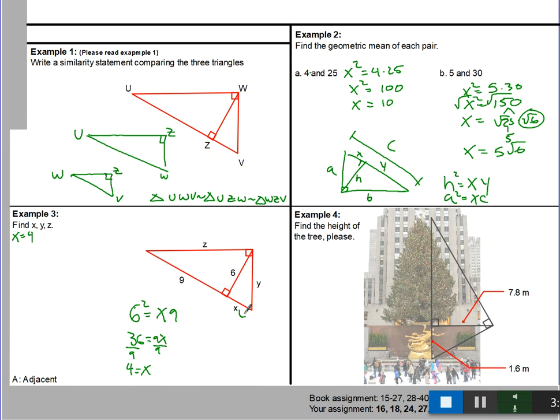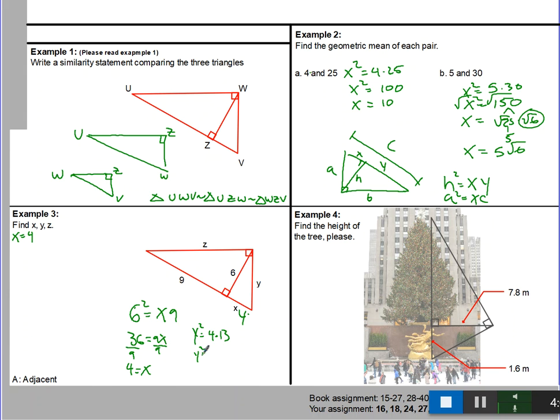All right, so if that's 4, I can work the same way to figure out y. So I know that y squared is going to be equal to this side length here, 4, times this entire side length, which is 13. So 4 times 13 is going to be 12, carry the 1, so that's 52.